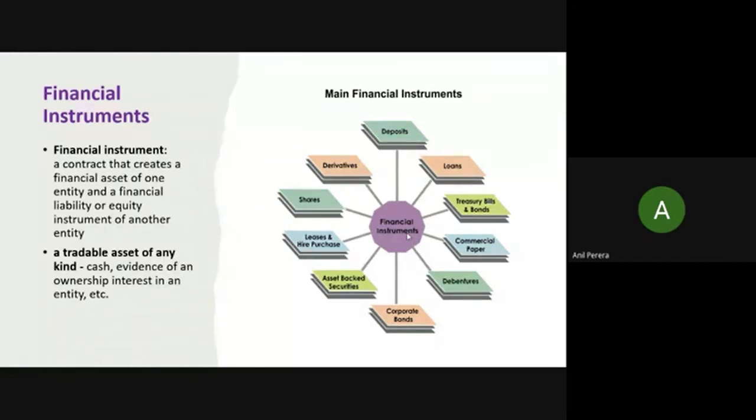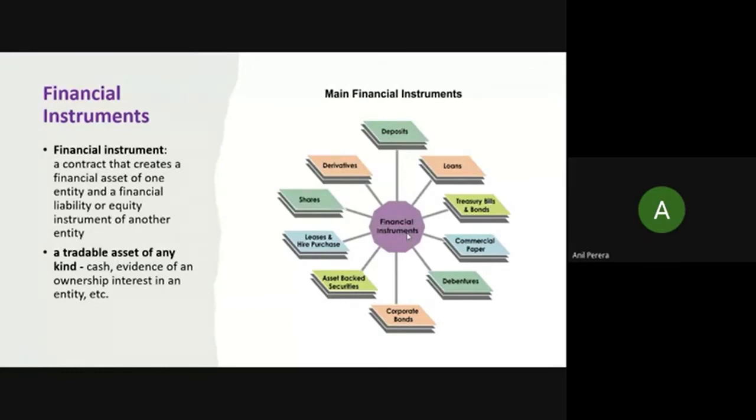Markets we have defined, these are the spaces or the platforms or the place where you do a transaction. Instrument means basically a contract that creates a financial asset to someone and a liability to someone else.